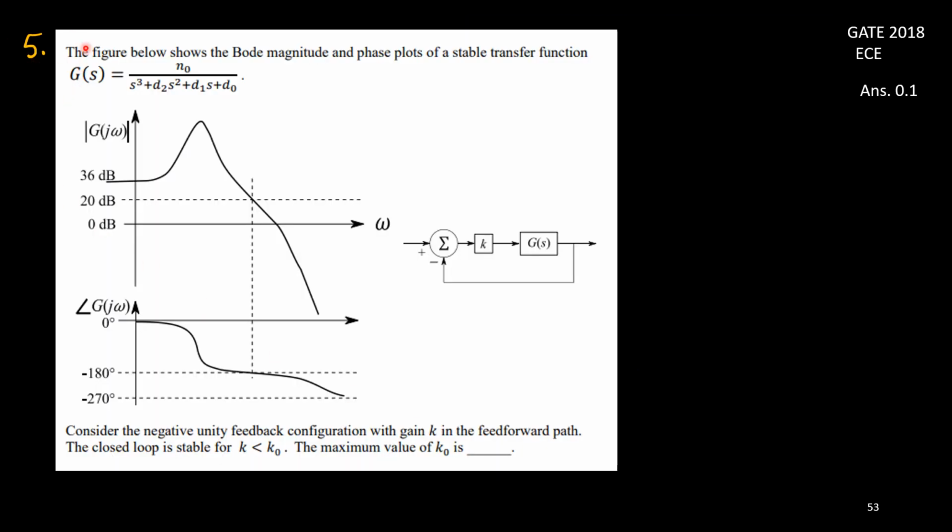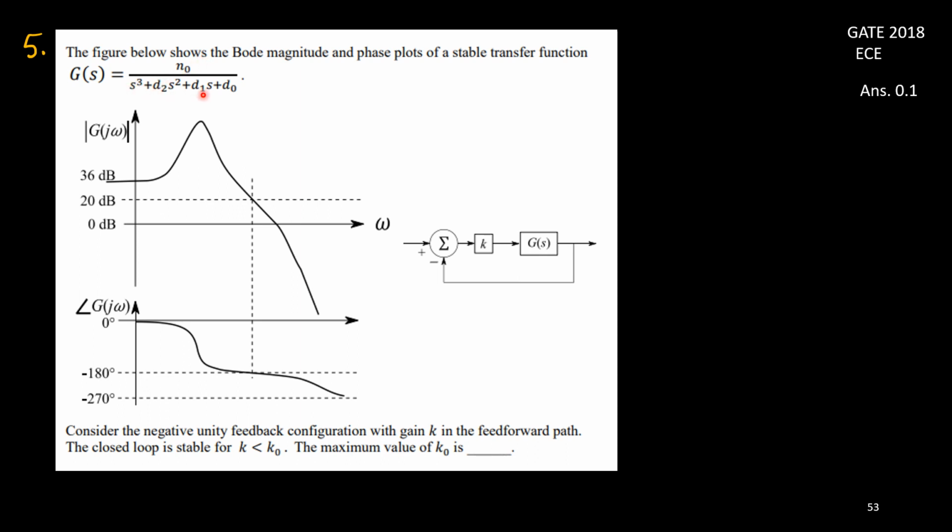The problem number 5. One gain function G of s is provided in this form: n0 upon s cube plus d2 s square plus d1 s plus d0. So a third order polynomial in the denominator means 3 poles are there, no zeros.